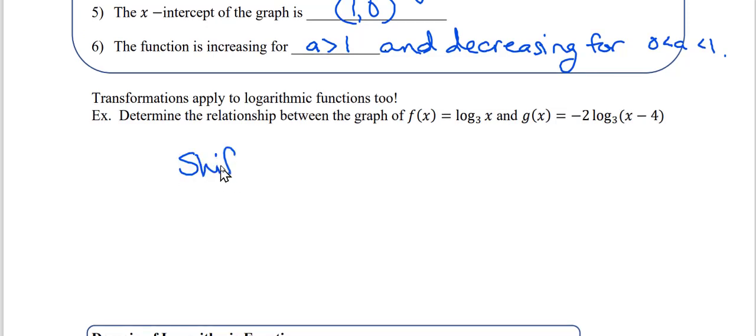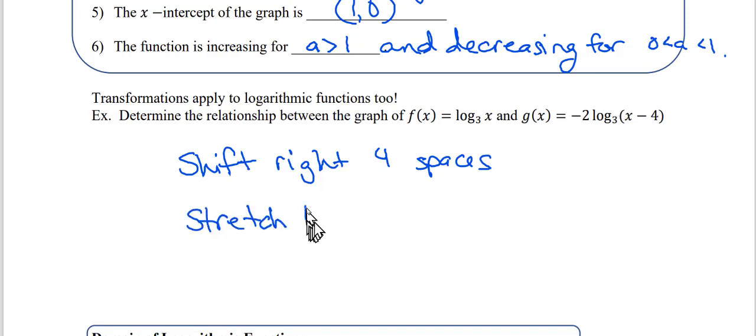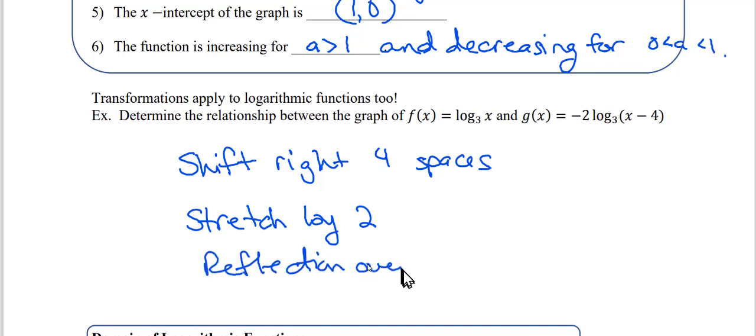That is a right shift. It is impacting the x, subtracting from the x. So you're going to take the whole graph and shift it 4 spaces to the right. This -2 in front is a stretch by 2 and a reflection over the x-axis.